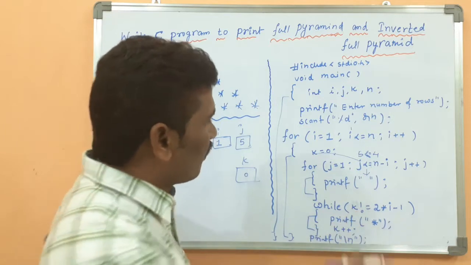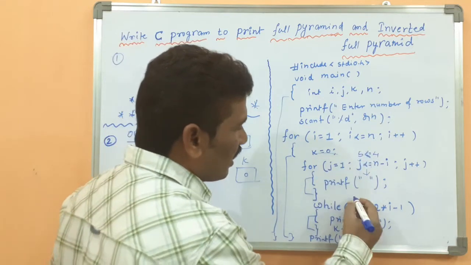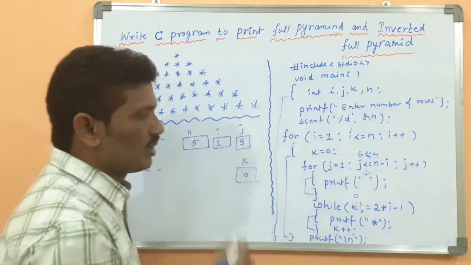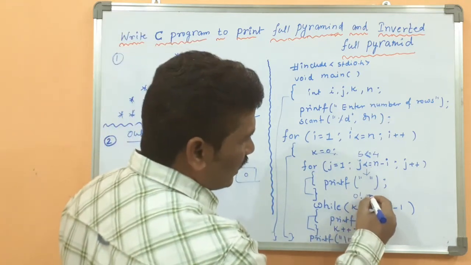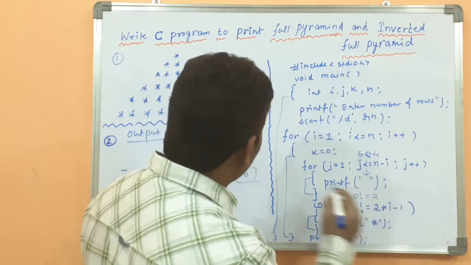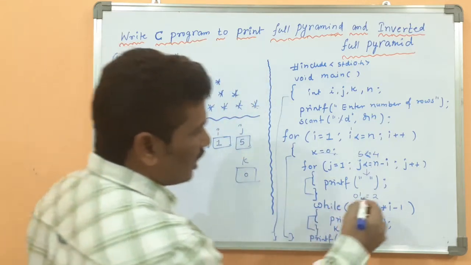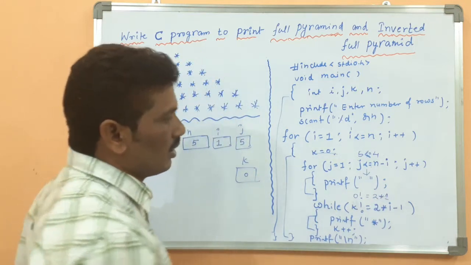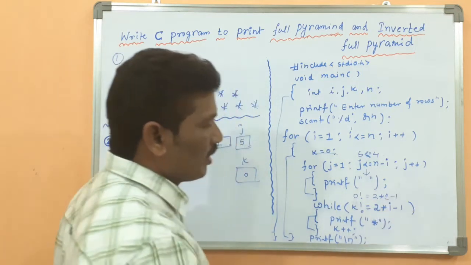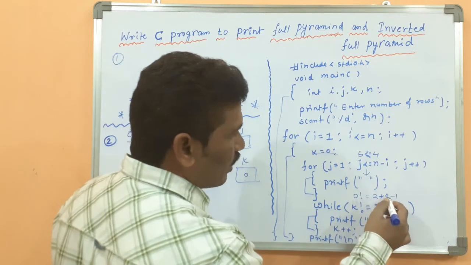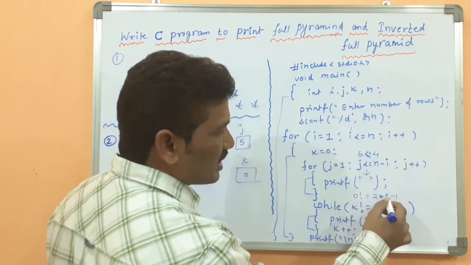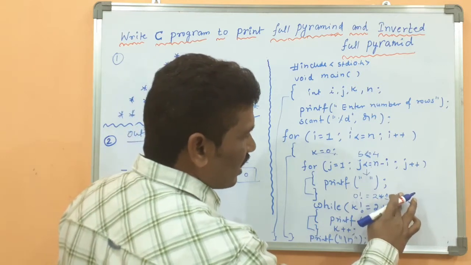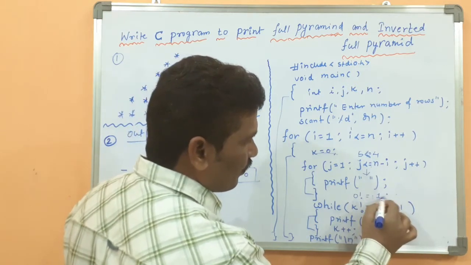What is the k value? k value is 0. Yes, sir, exactly. k value becomes 0. k value not equal to 2 into i minus 1. i value is 1, so 2 multiplied by 1 is 2, 2 minus 1, what does the expression return? 1.